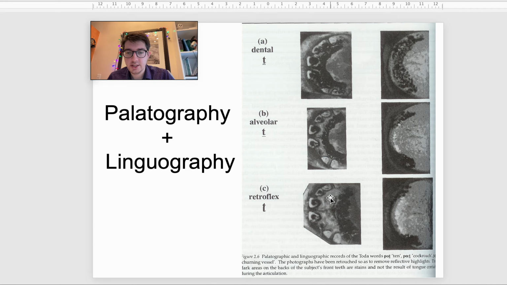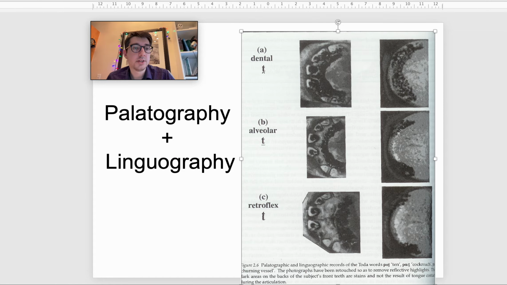So basically with retroflex, you can see here that the tongue has curled up, and here you can see that it's the tip of the tongue that has been involved. With dental, you can clearly see that it's the blade of the tongue that has been involved, and that it hit the teeth, right?